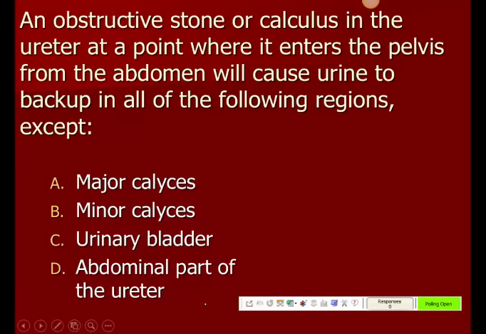So let's look at this one. Suppose you had a stone where it enters the pelvis from the abdomen, so at the pelvic brim. Suppose there was a stone which was blocking that area. So which regions would show up as dilated, and where would urine back up therefore?